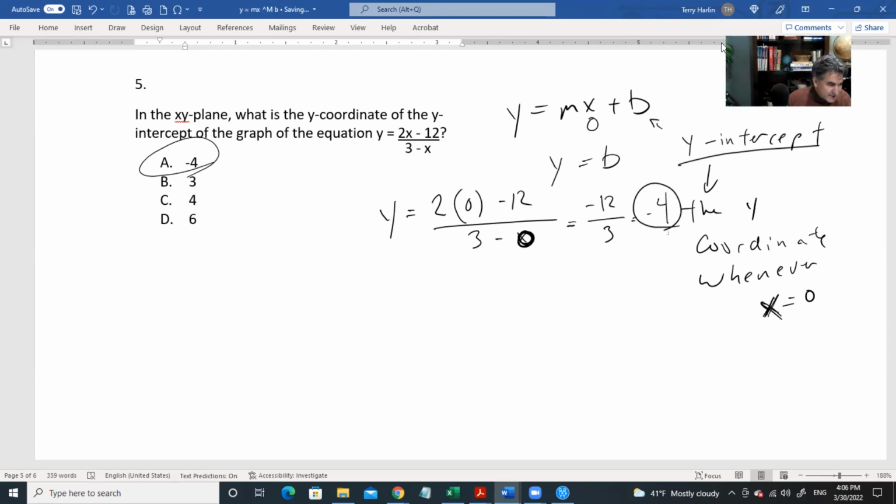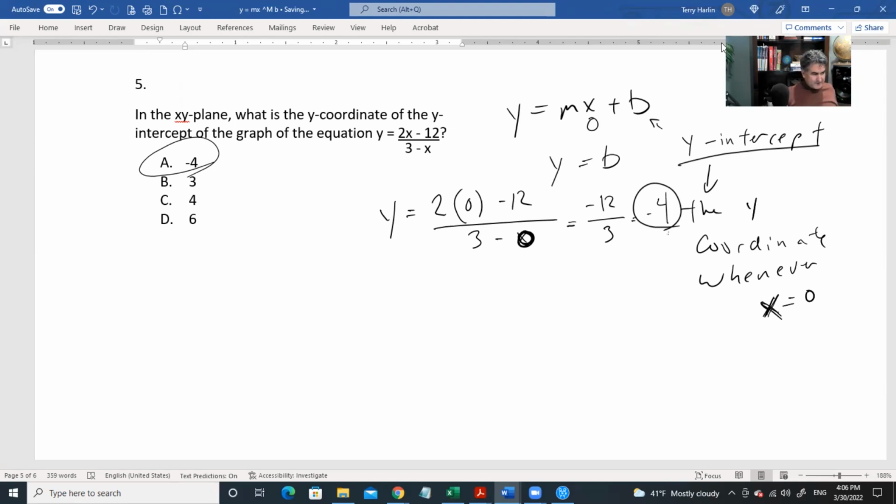Now, notice how they try to trick you. If I were to put 3 in for x, I would get 3 minus 3 equals 0. Well, you don't want that anyway, a 0 as a denominator. If I had 4 here, I would have 8 minus 12, which is negative 4, over 3 minus 4, which is negative 1.